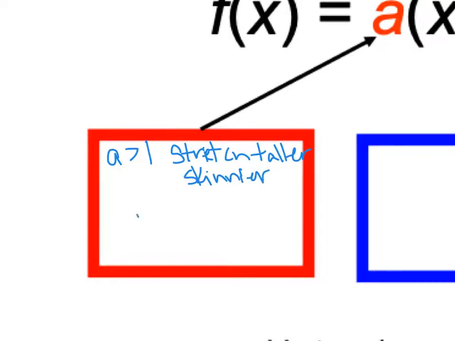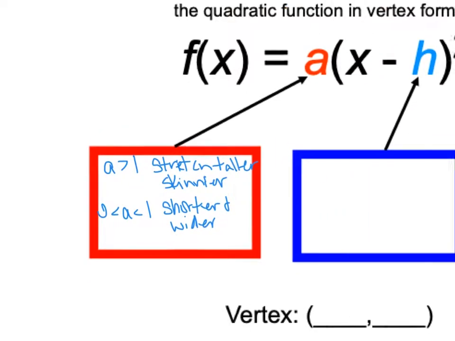And if A is between 0 and 1, like a fraction or a decimal, that makes it shorter and wider. So that stretch for if it's greater than 1 is going to make it go super narrow, and the closer to 0 that A value gets, the more it'll flatten out.